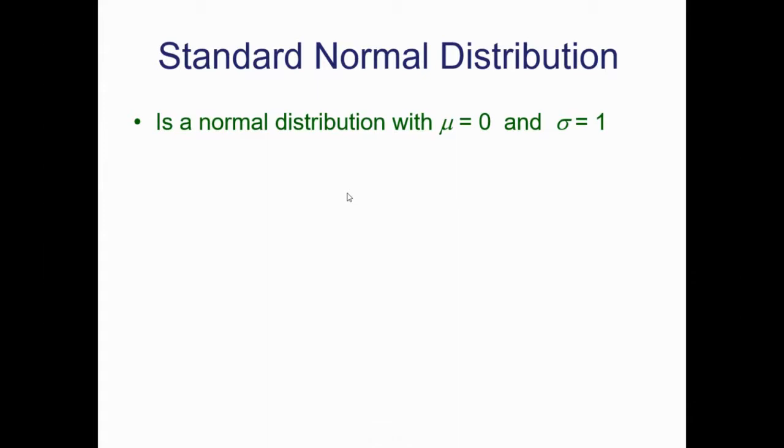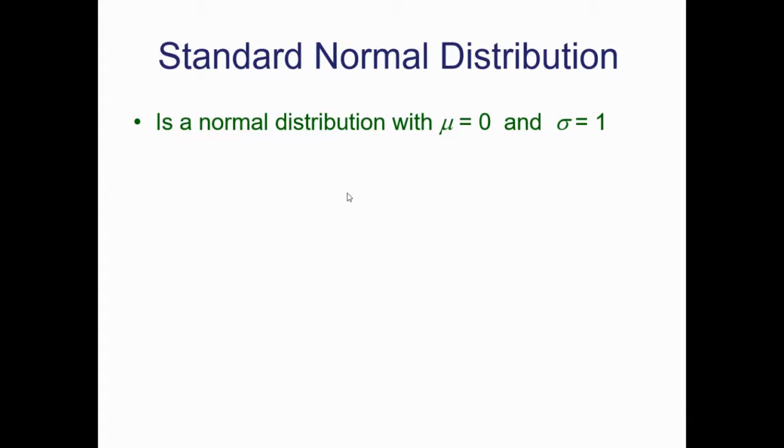Okay, so for the standard normal distribution, it's a normal distribution with a mean of 0 and a standard deviation of 1. So when I just say a normal distribution, that can mean any mean, any standard deviation.